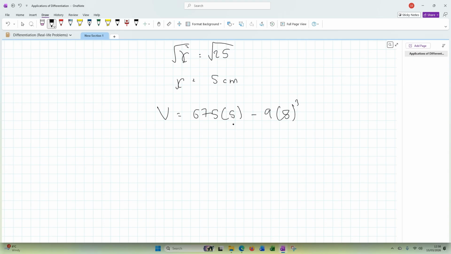I'm new to using this tablet, so I'm not the neatest or the best at it. So 675 times 5 minus 9 times 5 cubed, and this comes out as 562.5 centimeters cubed. And that's our answer.